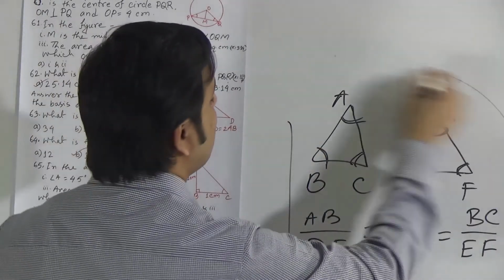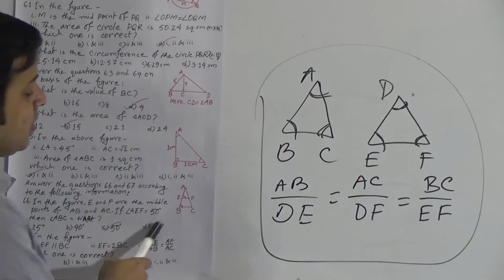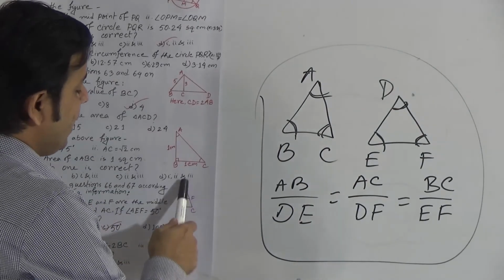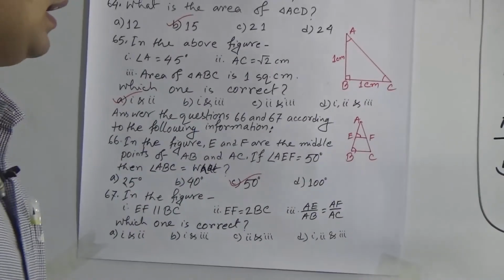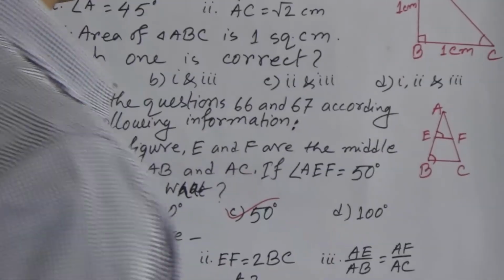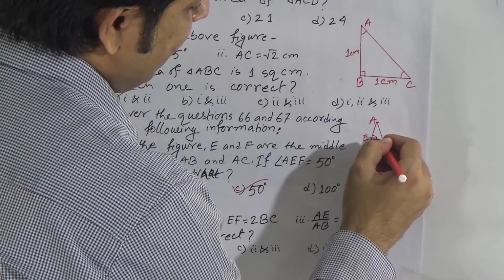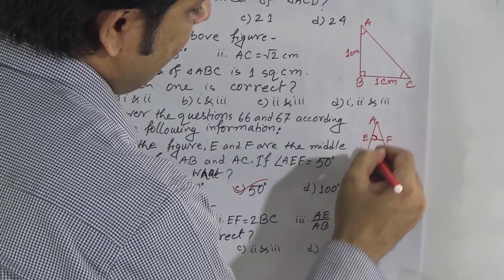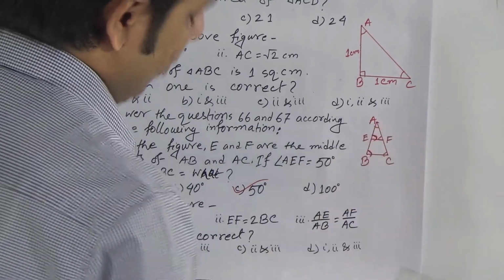Using this technique we can say triangles AEF and ABC are similar triangles, and the reason is that angle E equals angle B, angle F equals angle C, and angle A is the common angle.